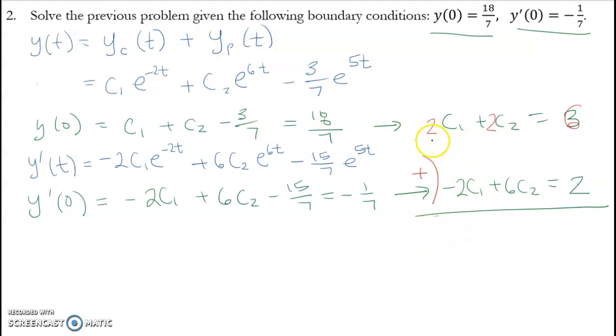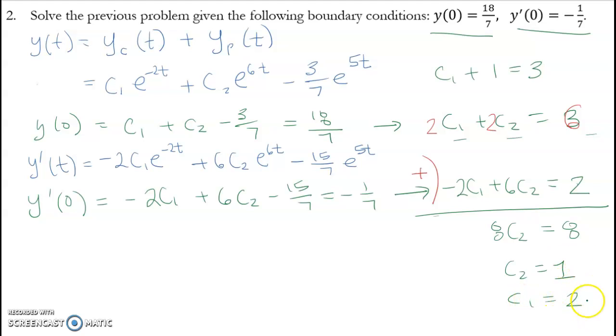The C1 terms cancel out, and I have 8C2 equals 8. So C2 equals 1, and I can take the original equation and plug in 1 for C2. So I have C1 plus 1 equals 3, which gets me C1 as 2.